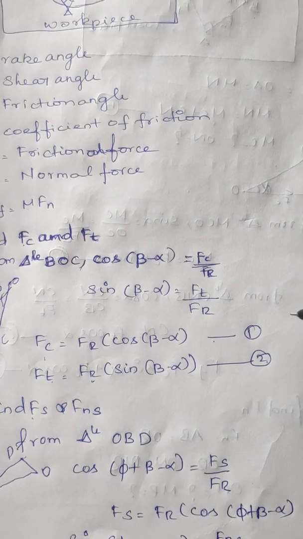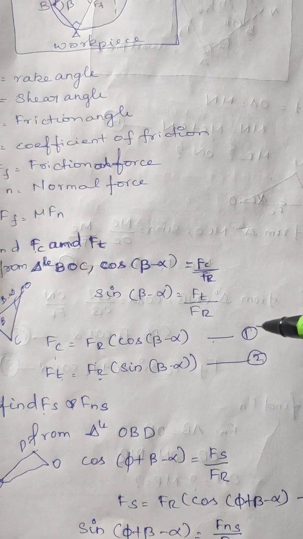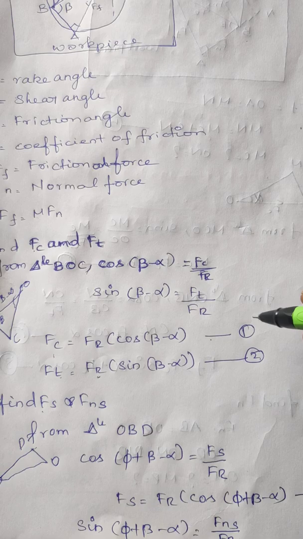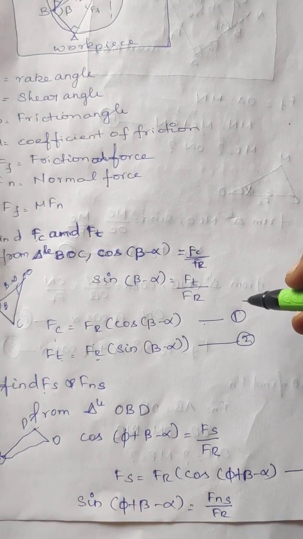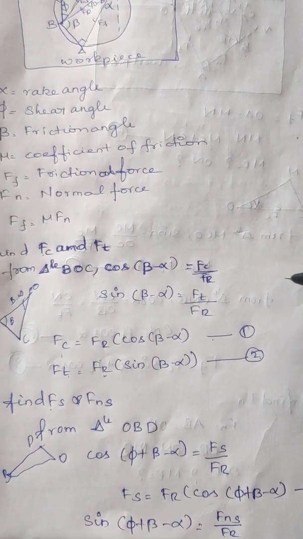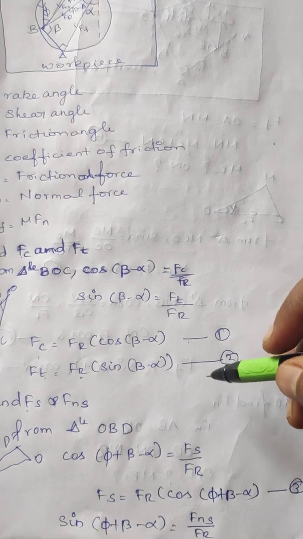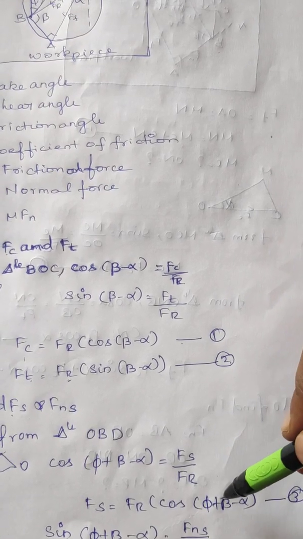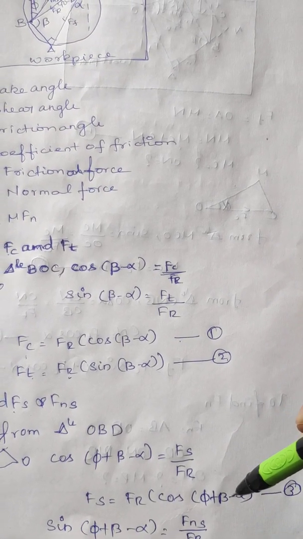Considering this triangle, cos(phi plus beta minus alpha) is equal to shear force by resultant force. Rearranging for shear force, we get shear force is equal to resultant force into cos(phi plus beta minus alpha).